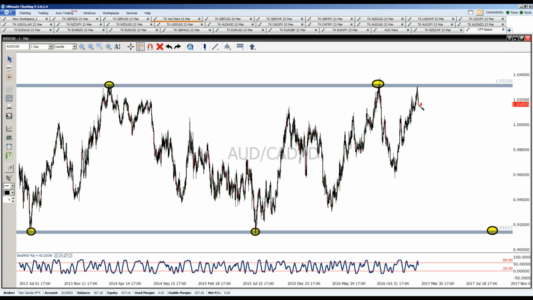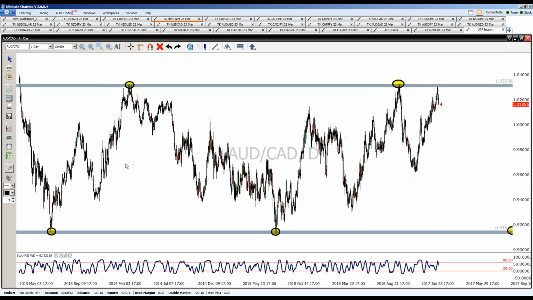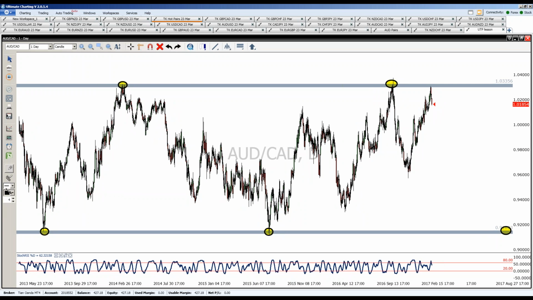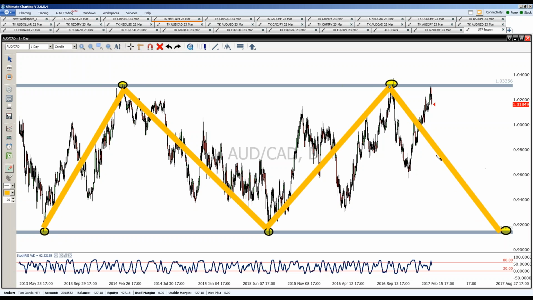So this would be downside potential if we're going to trade the range for about 1,000 pips. Okay. So the market moves up within this range, up, then down, then up, and now we could potentially be moving down.